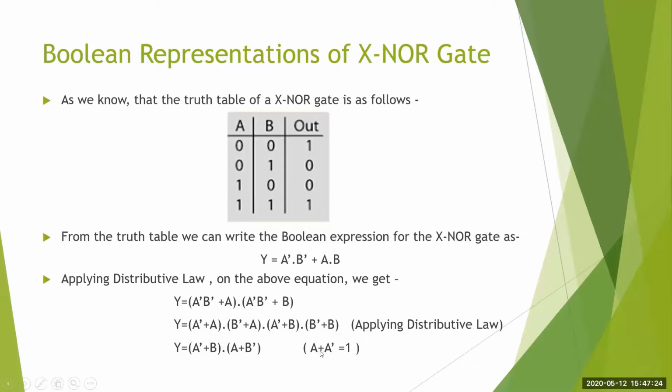Now as we know, a plus a complement equals 1. Similarly, b plus b complement equals 1. We can reduce this expression to y equals a complement plus b dot a plus b complement. These both are the Boolean representations for the XNOR gate.